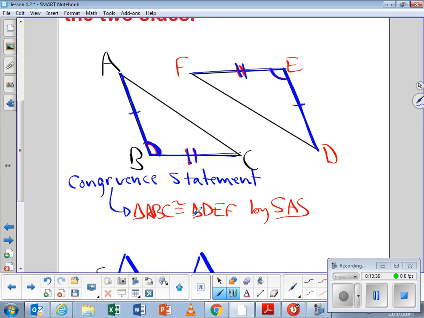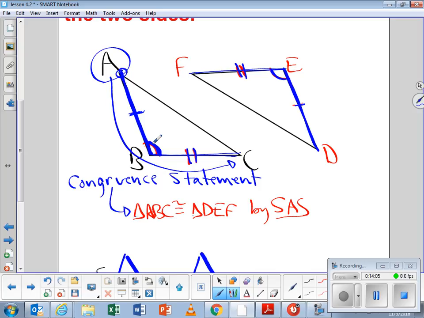Okay? So if we look at this, we started with this one with A, then we went B, C. Now let's look at the identifying marks. It's at the end of the line marked with a single mark, right? And it goes to the angle that's marked. So A starts at the end of the single marked line segment and it goes to B, the angle that's marked.